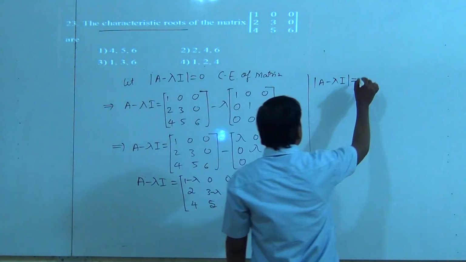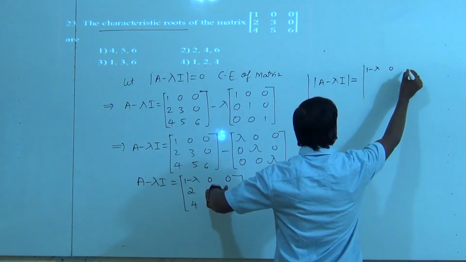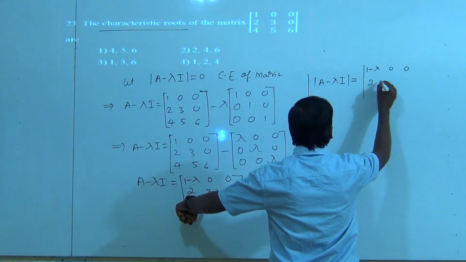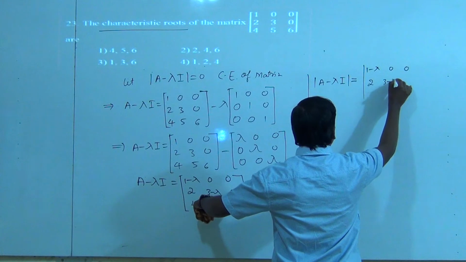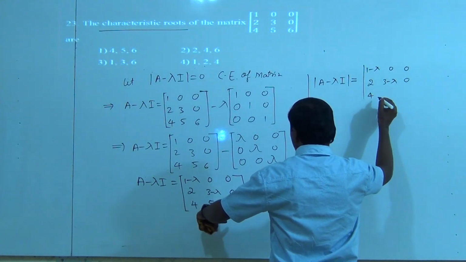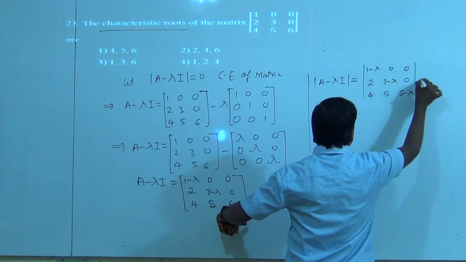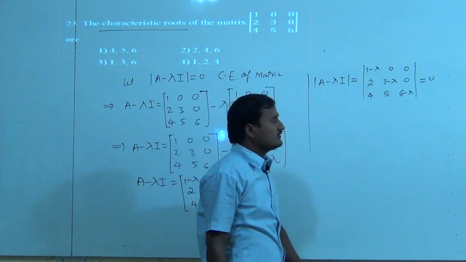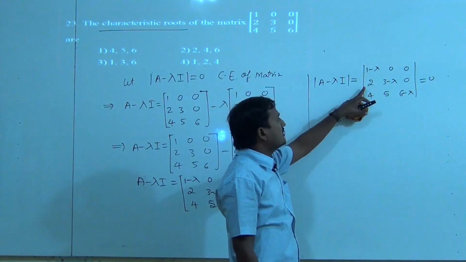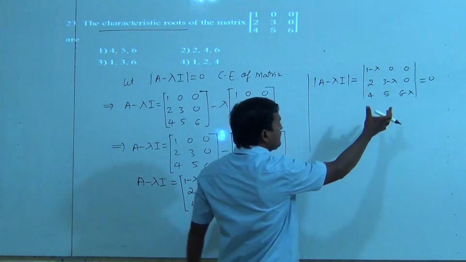So what you are getting: clearly here it is 1 minus lambda, 0, 0, and here 2, 3 minus lambda, 0, and here 4, 5, 6 minus lambda, and this equals 0. So it is called a characteristic equation. Now I should find the determinant.